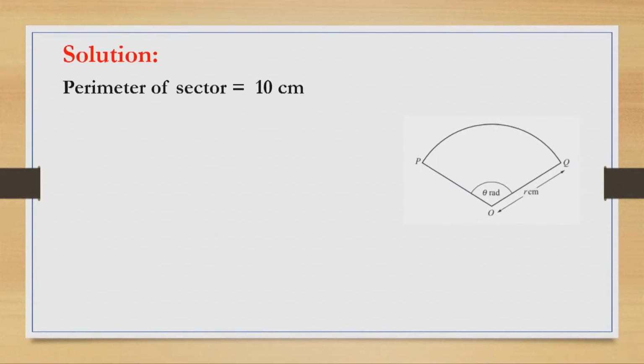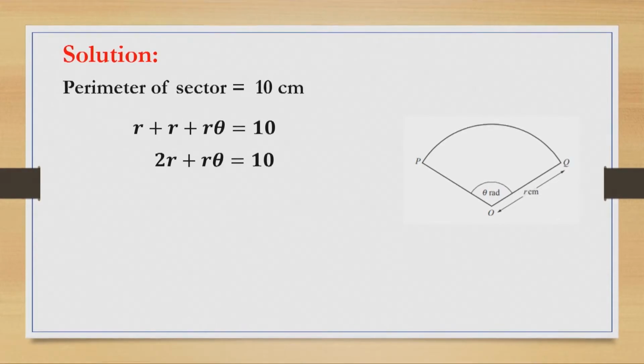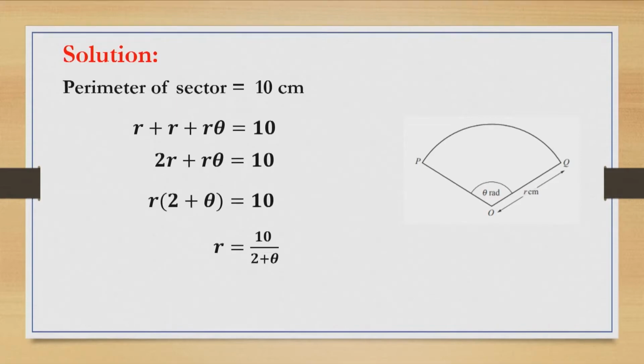Perimeter of sector is going to be R plus R plus R theta. Remember the length of arc PQ is R theta. So 2R plus R theta equal to 10. I factorize R into 2 plus theta equal to 10. And R will be equal to 10 over 2 plus theta.